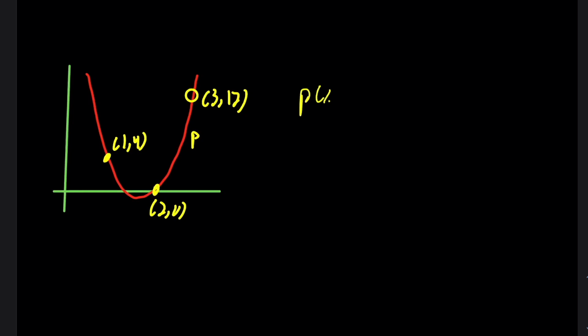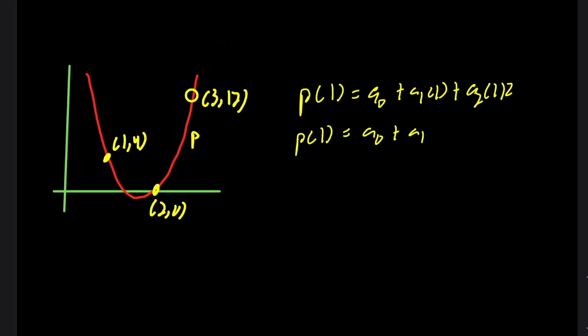Well, when x is equal to 1, we get p of 1 is equal to a naught plus a sub 1 times 1 plus a sub 2 times 1 squared. And this equation is simply a naught plus a1 plus a2.